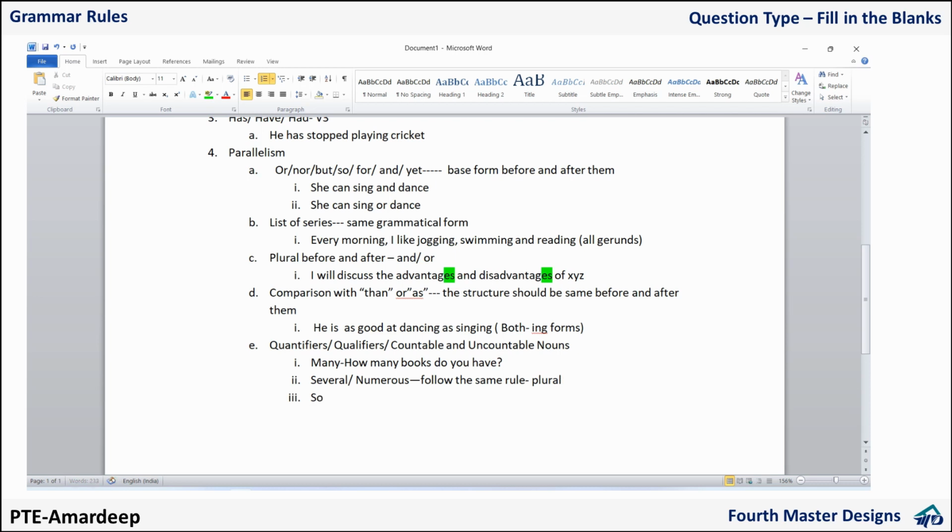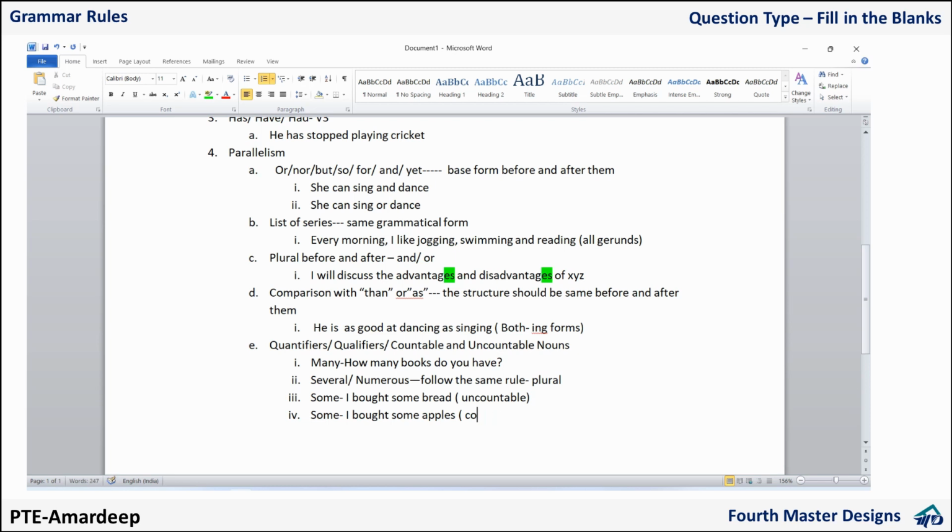Then we have some. Now in case of some, the rule is a bit different. It depends on countable and uncountable. For example, if I say I bought some bread, it is uncountable. And for the same word some, I bought some apples, it is countable.